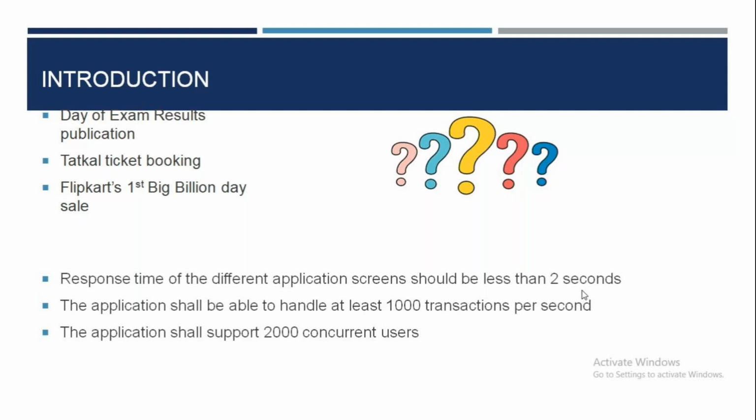When the user logs in, he should be able to land on the landing page. That will be a functional requirement. But within how much time the user should be present on the landing page, that is a non-functional requirement or a PT requirement.